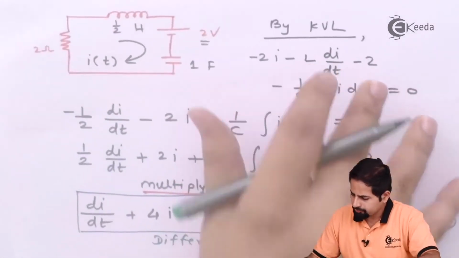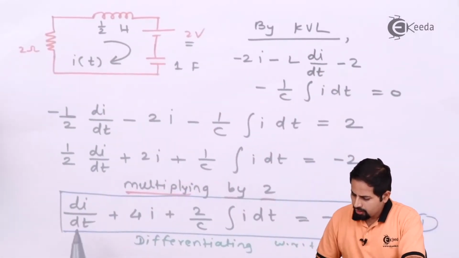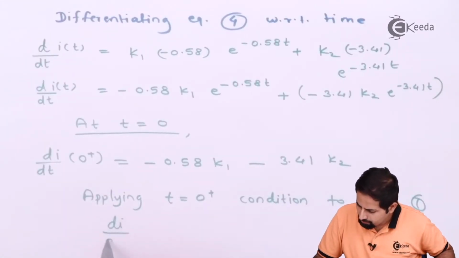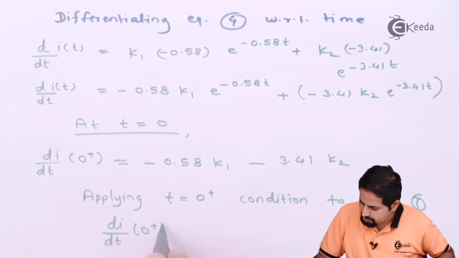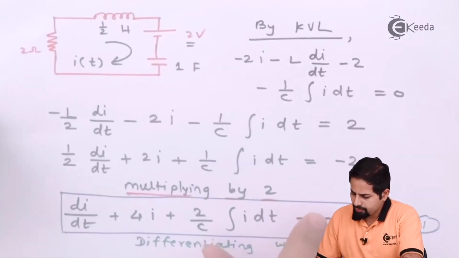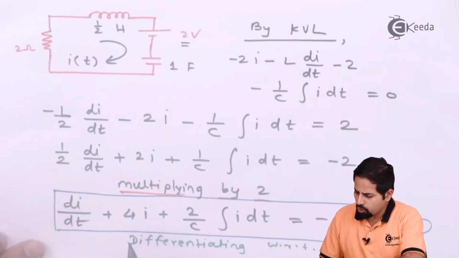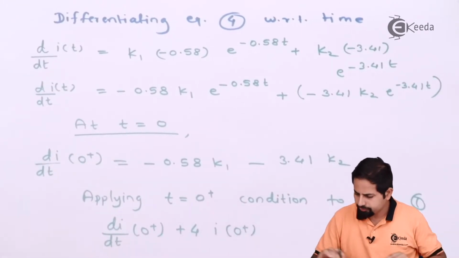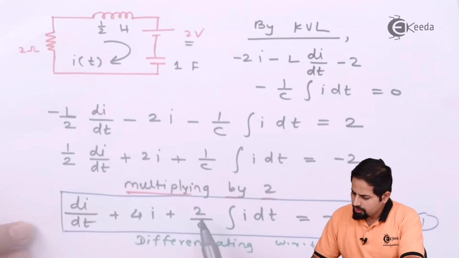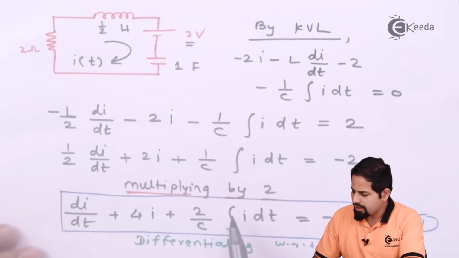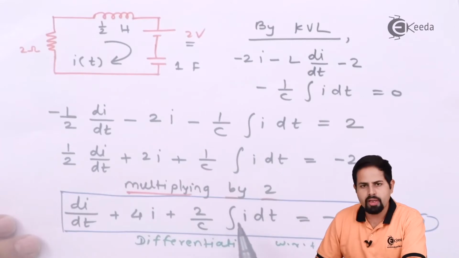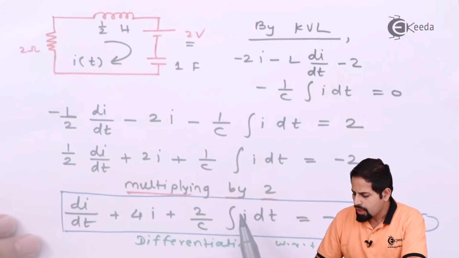So now I will write di by dt at 0 plus, 4 into i of 0 plus, then this is 2 by c integration i dt, which is nothing but 2 multiplied by the capacitor voltage at 0 plus.